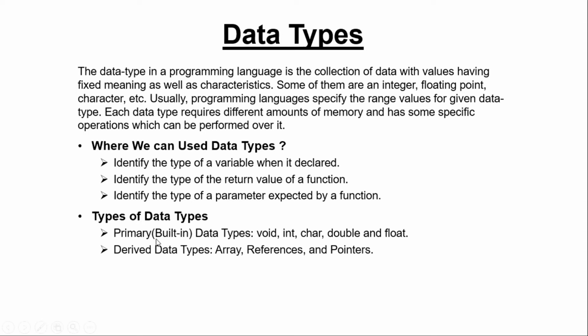Derived data types. These are the built-in data types and these are the derived data types: array, references, and pointers. User defined data types: structure, union, and enumeration. These are the user defined data types. In this video we have only seen the built-in data types. Let's see all of them one by one.